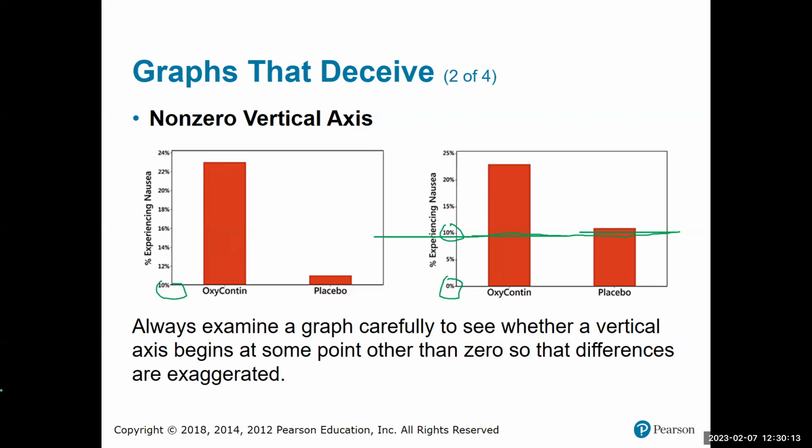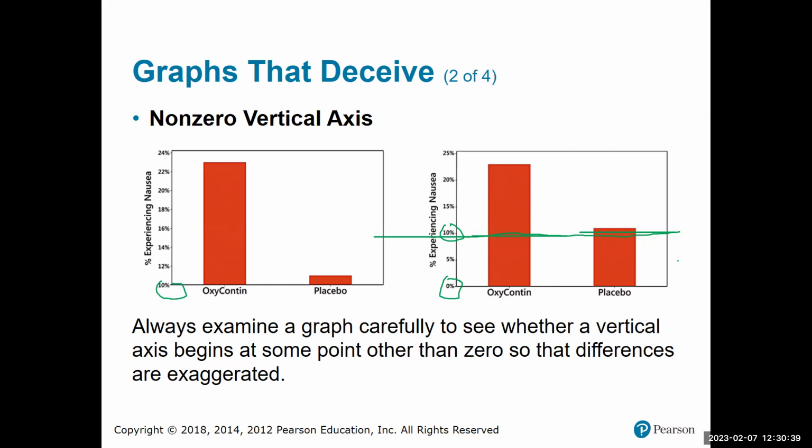I guess maybe this is a case against OxyContin. So they're saying that there's a huge jump from placebo to the people experiencing nausea on OxyContin. I guess I'm going to try to stop reading too much into it, but the point is that they've, for whatever reason, made a point to be deceptive about the way that they're showing this.